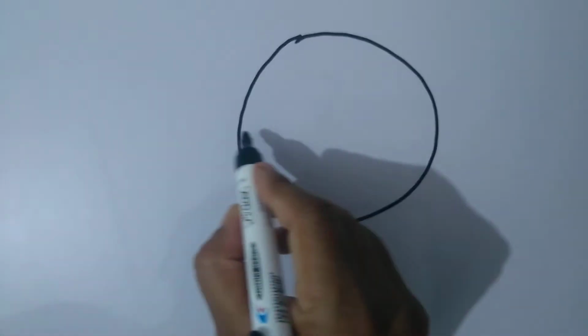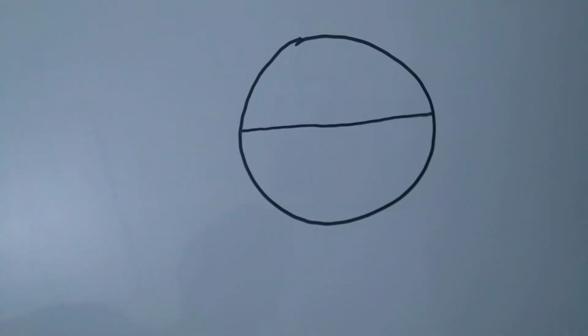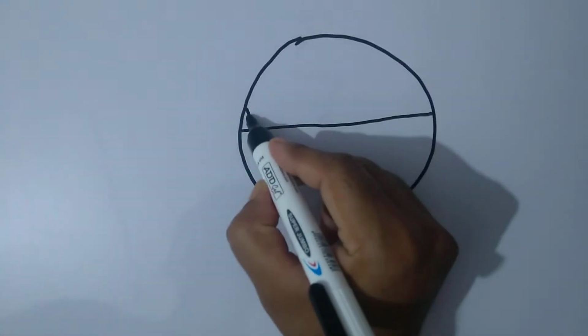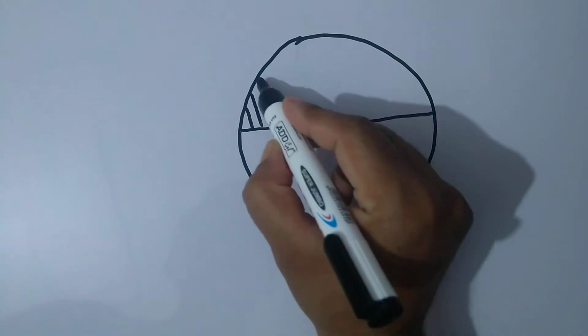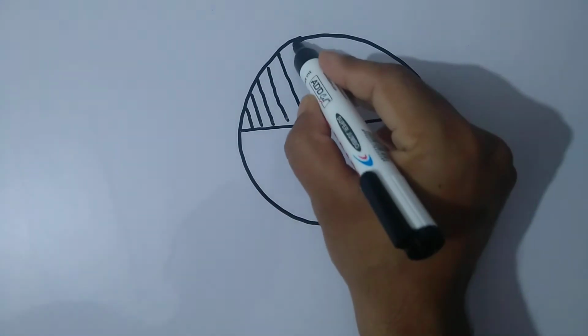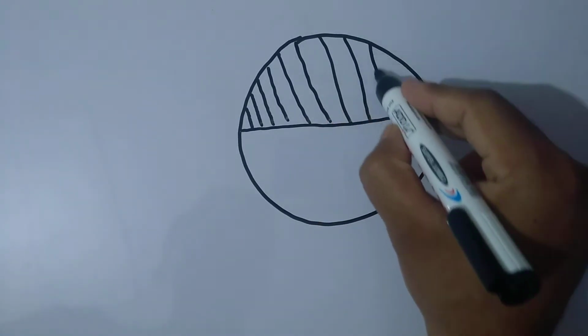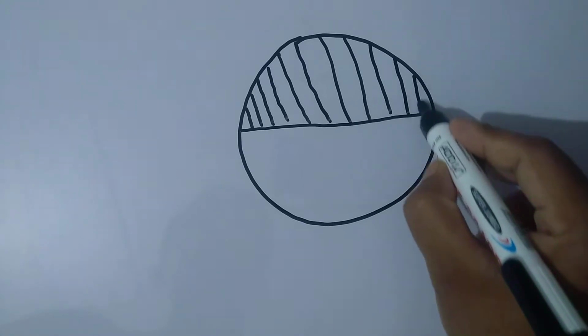If I divide this circle into two parts, and I shade one part of the circle, this way one portion of the circle is shaded.